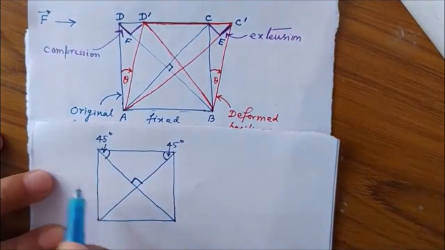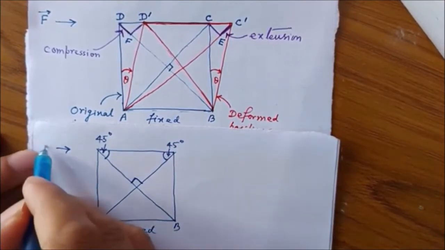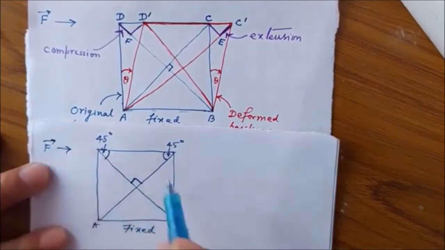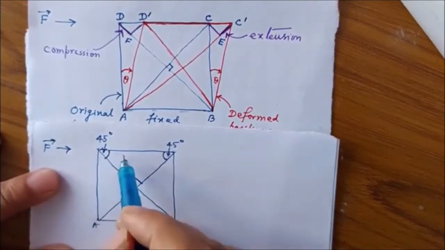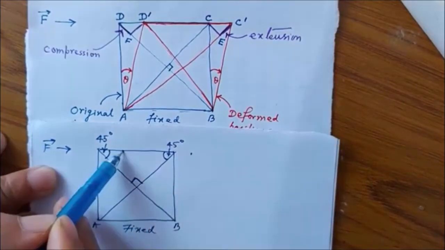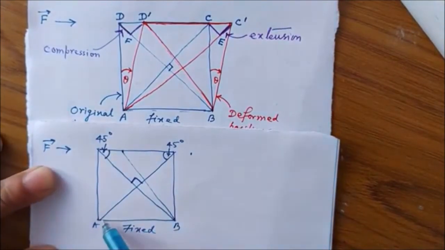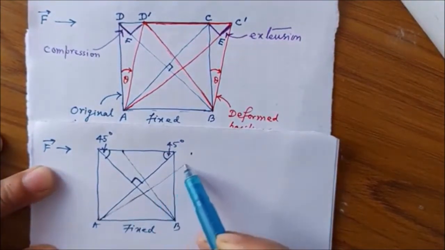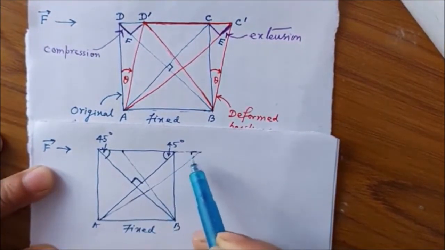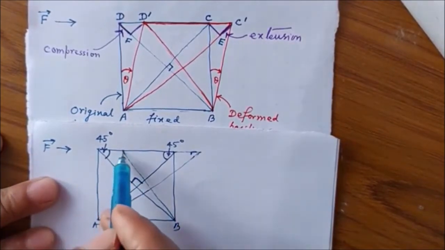Now, due to shear keeping this end fixed, this diagonal comes here, and this diagonal goes over here. And then what we did was to drop a perpendicular.